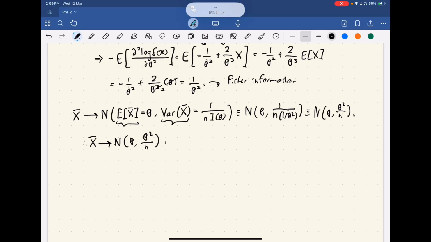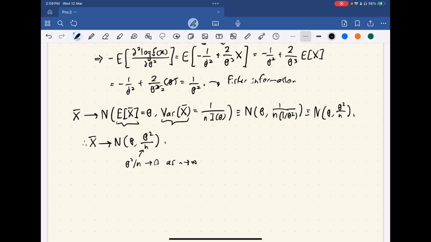Okay. Now note that, as a property, just some hindsight about this whole asymptotic distribution thing, right? As the sample size gets larger, as your n gets larger, this n here also gets larger, which means that this variance here will tend to 0 as n tends to infinity, right?